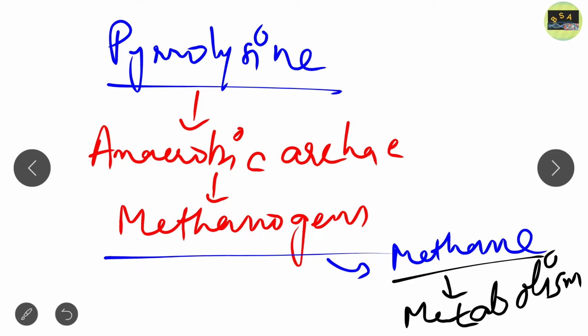So till now you got a clear idea. For the purpose of metabolism, these methanogens produce methane, and pyrrolysine is found in a group of anaerobic archaea called methanogens. Clear? Now note down another important point regarding pyrrolysine.